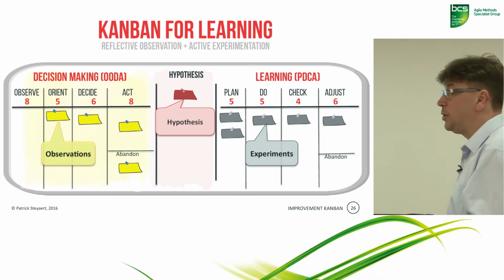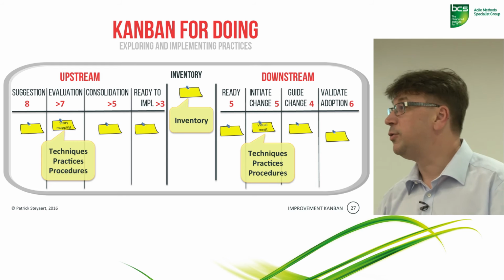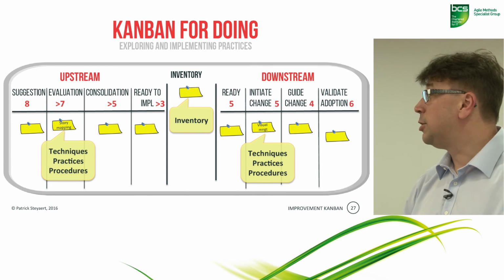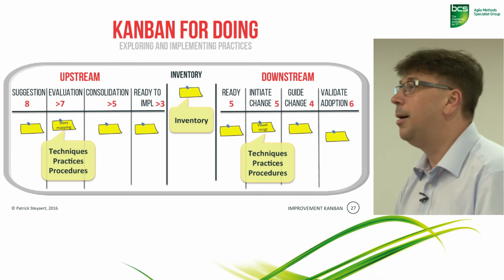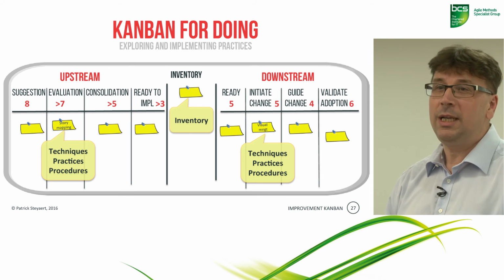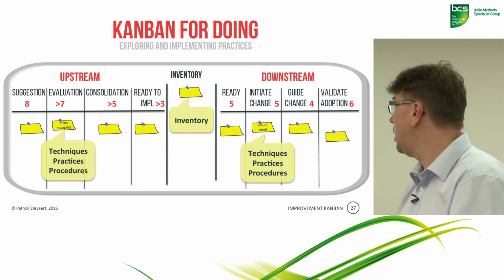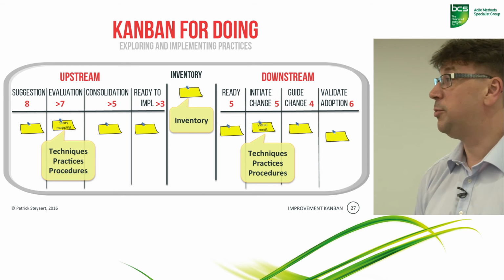And then obviously we also need a Kanban for doing. A Kanban just for implementing practices. So there's an upstream part in terms of evaluating practices and preparing those practices for actual implementation. That's the upstream part. And there's a downstream part in terms of actually implementing those practices.